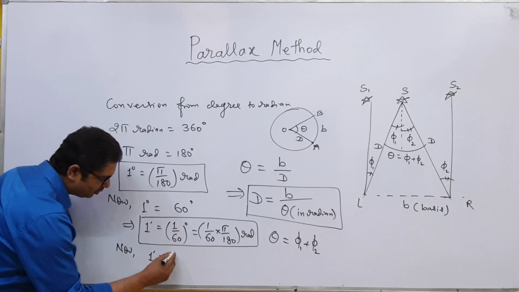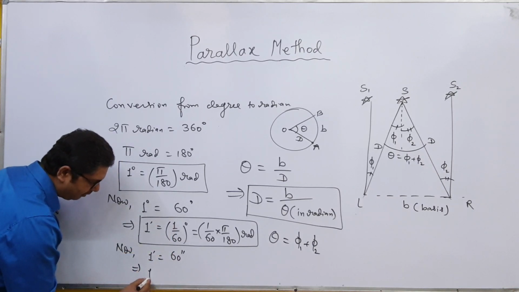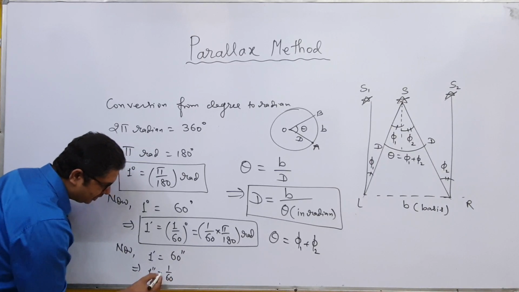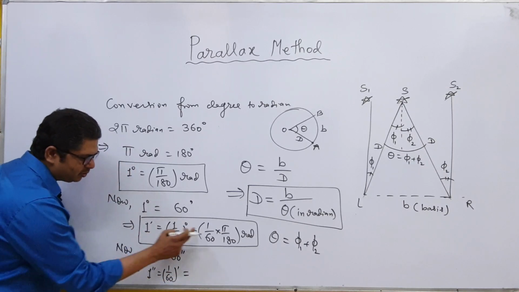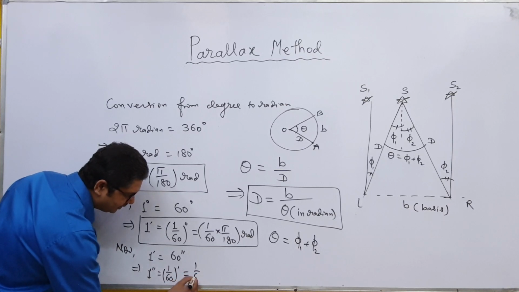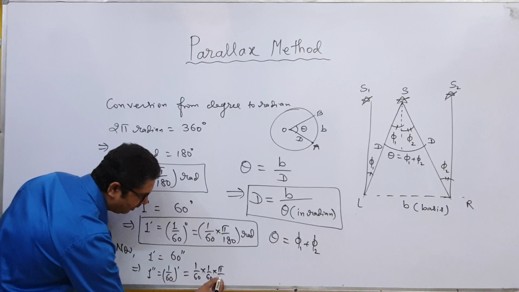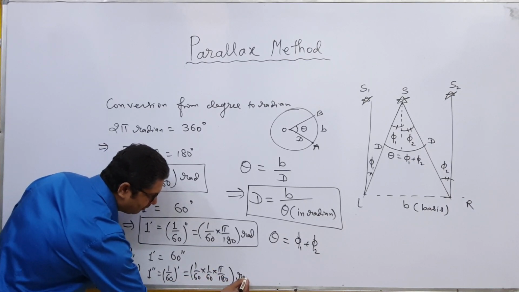Now also 1 minute equals 60 second. So from here you have 1 second equals 1 by 60 minute. Now 1 second equals 1 by 60 into 1 by 60 into pi by 180 radian.